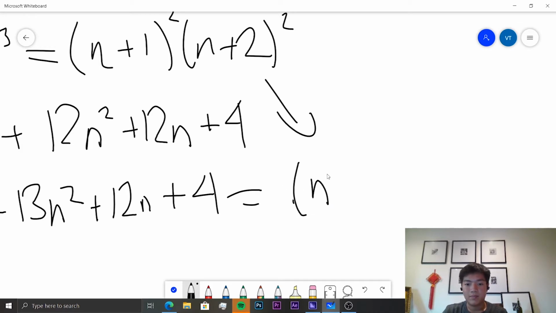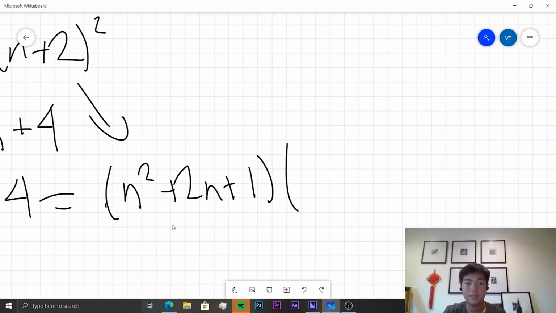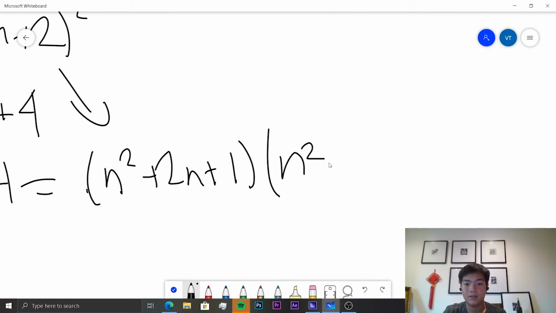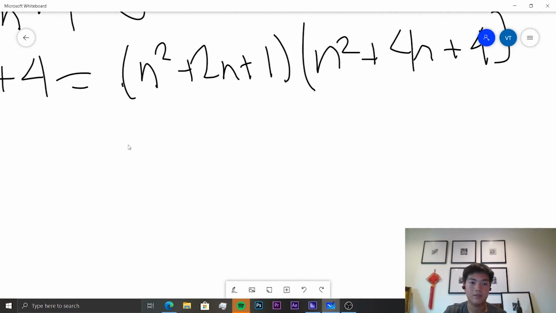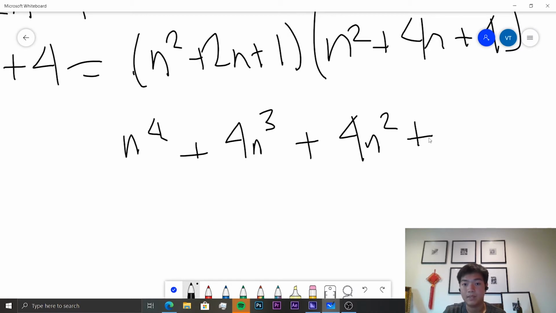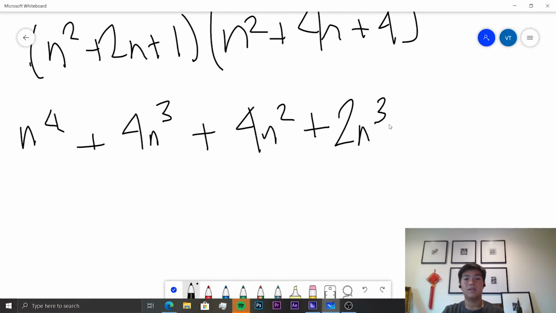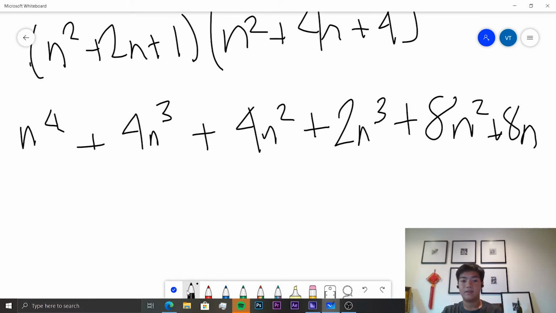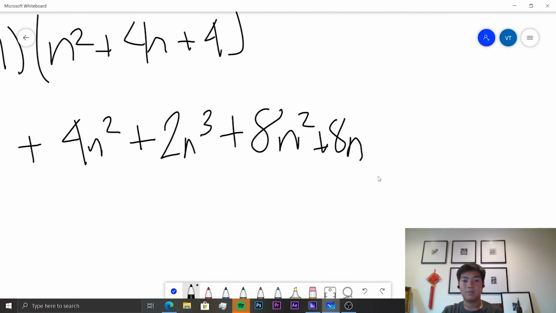So this would be n squared plus 2n plus 1, times n squared plus 4n plus 4, and hopefully this should equal, so that's n to the power of 4 plus 4n cubed plus 4n squared, plus 2n cubed plus 8n squared plus 8n, plus n squared plus 4n plus 4.